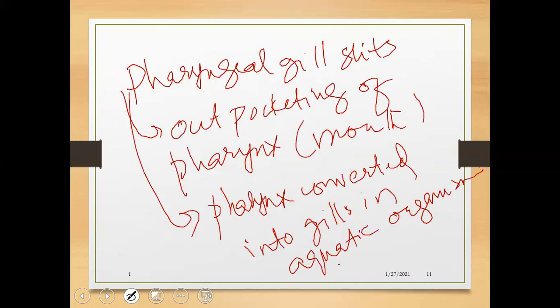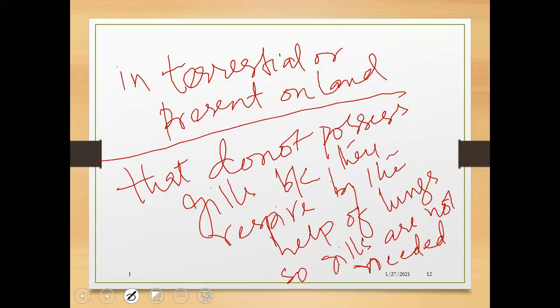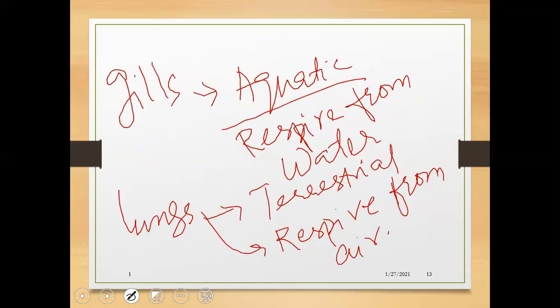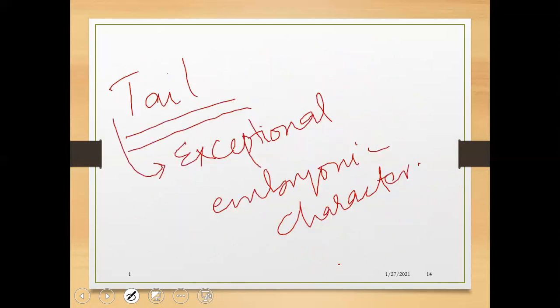Pharyngeal gill slits are the out-pocketing of the pharynx region. Pharynx is converted into gills in aquatic organisms. Terrestrial organisms present on land do not possess gills because they respire with the help of lungs, so gills are not needed. Gills are present in aquatic organisms, and lungs are present in terrestrial organisms.